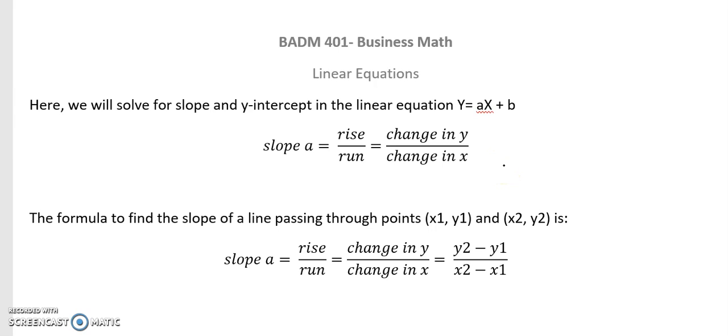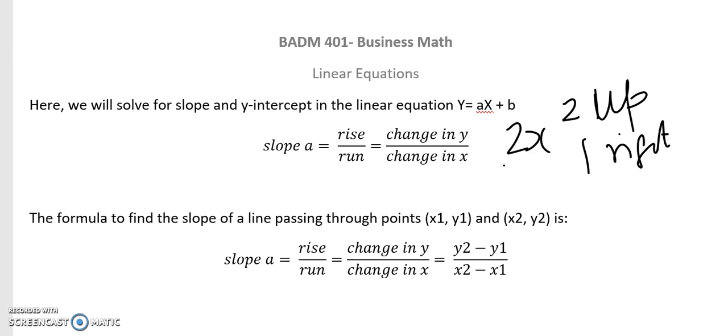Like in the last one, when we said 2x, we went 2 up and 1 to the right, because this is 2 by 1. So you remember that? And that is basically the same thing. So slope is rise by run, which is change in y by change in x.